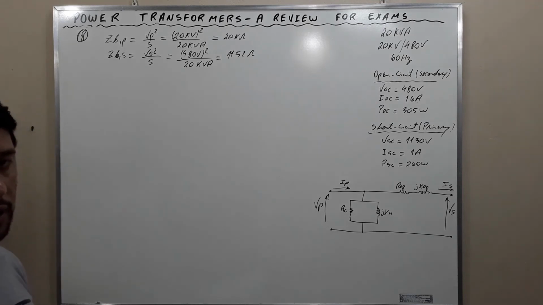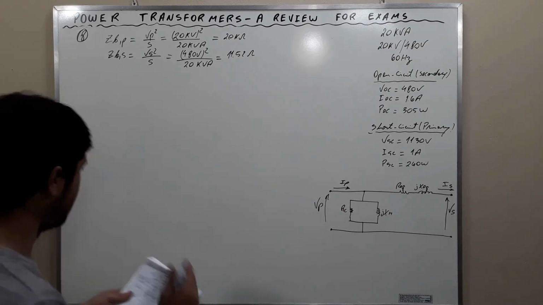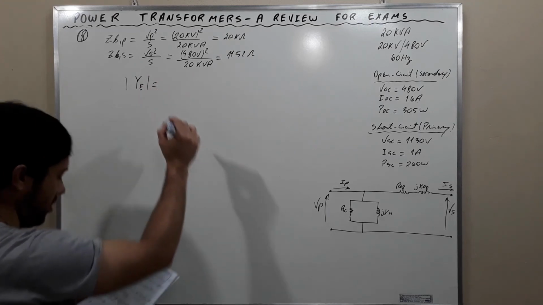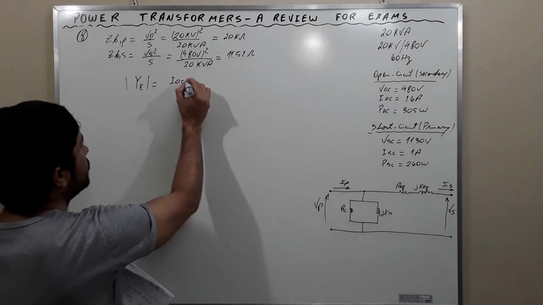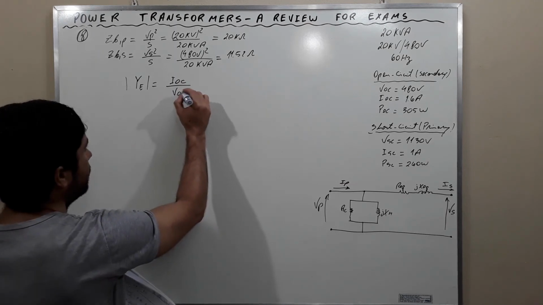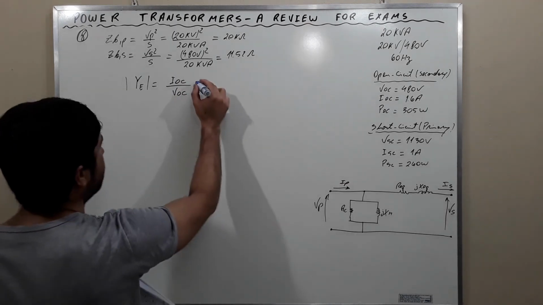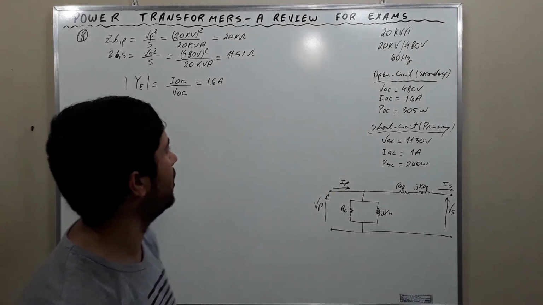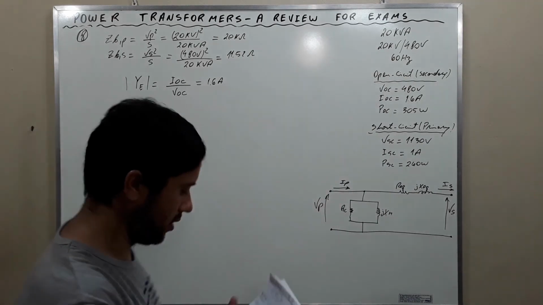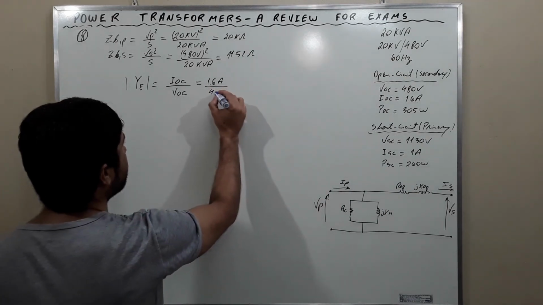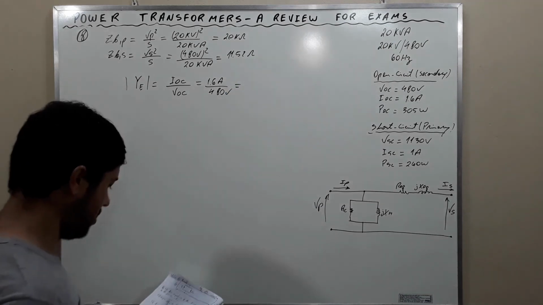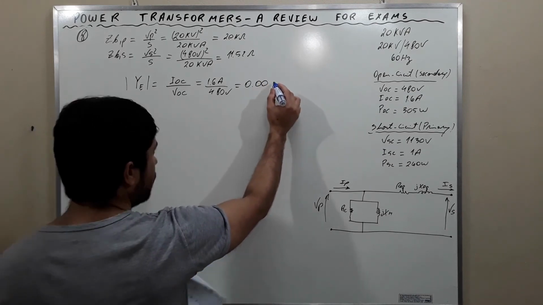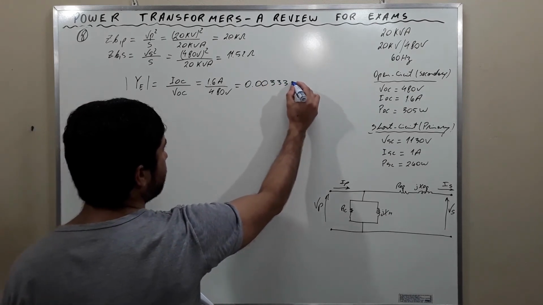From the last exercise, we know that the magnitude of the excitation admittance is IOC divided by VOC, and it is 1.6 amps divided by 480 volts, and this is equal to 0.00333.